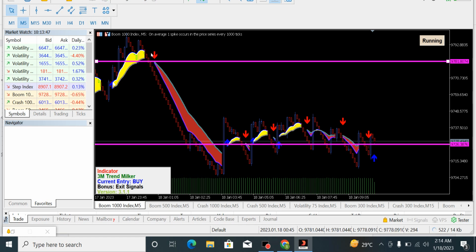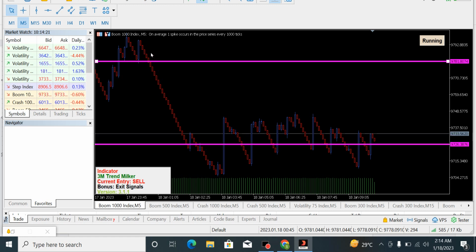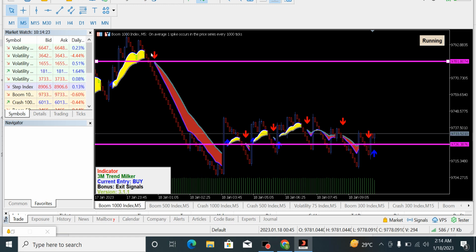You can see this is Boom 1000, and we are doing the normal trending movement, which is going to be the sell movement. When we are focusing on the sell movement, then the market must be on downtrend. And if we are focusing on buy movement, then the market must be on uptrend at that particular point. If you check this out, this is at the resistance zone, and the market is already preparing itself to go into downtrend.